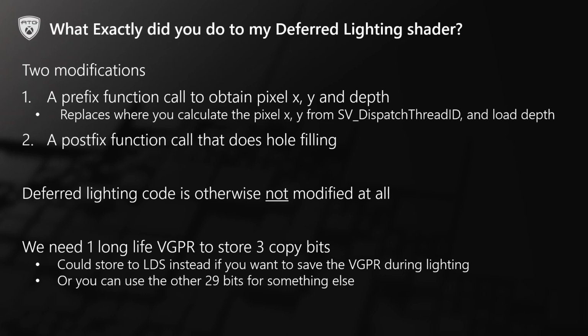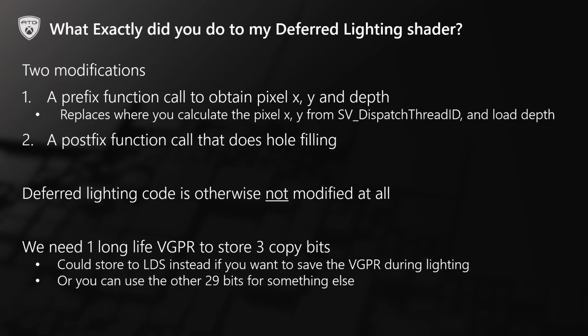And the key point here is that the deferred lighting code, or whatever your deferred pass is doing, whether it's SSR or SSAO or fog, is not otherwise modified. You just have some threads come in, they've already got their pixel X, Y, and depth, and off you go.